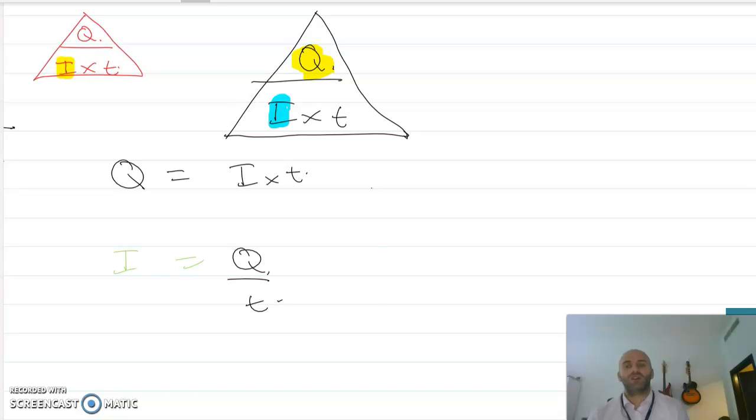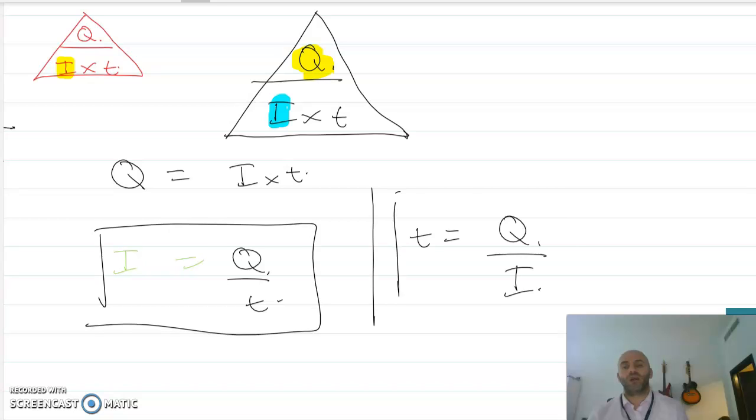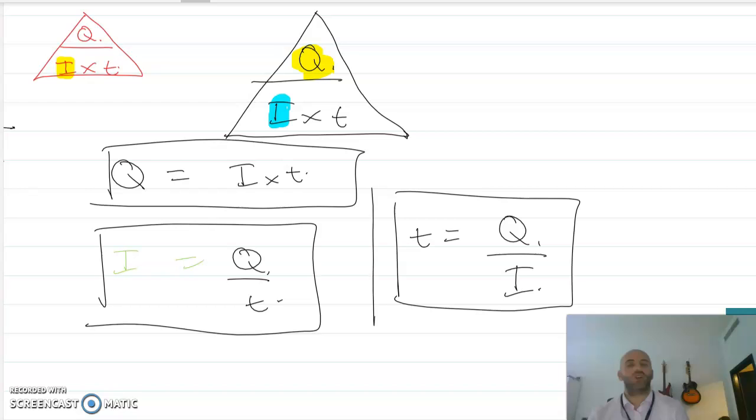And lastly, if you're looking for the time, it would be the charge Q divided by the current I, and that will give us the time. So there we go, 3 formulas, as usual, wrapped up in one beautiful, concise, small triangle.